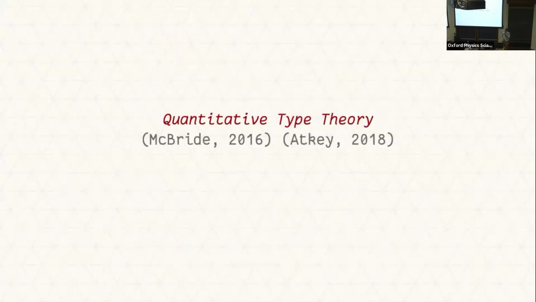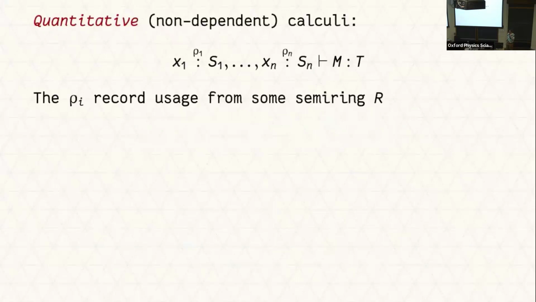So I call this quantitative type theory, but it goes back to ideas by Conor McBride. So the idea is that there are now several systems of so-called quantitative typing where we annotate the variables with usages from a semi-ring. So this somehow says that we're going to use this x1, but we're recording the fact that we're using it rho 1 many times, or rho 1 sort of amount.